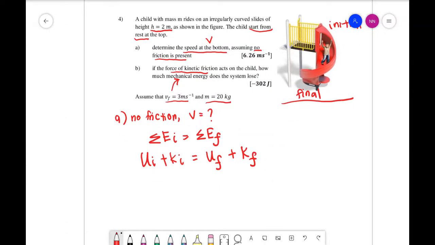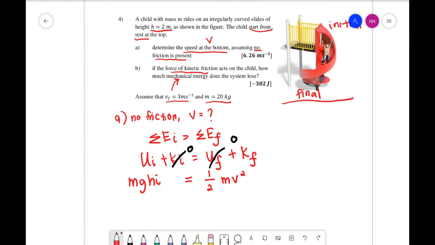And then you have to write the formula of potential energy, mg hi. Kinetic energy initial is 0, so kita boleh cancel dah kat awal ni. And then dekat final potential energy dia 0, boleh cancel dah. K final, kinetic energy final, formula dia adalah half mv squared.